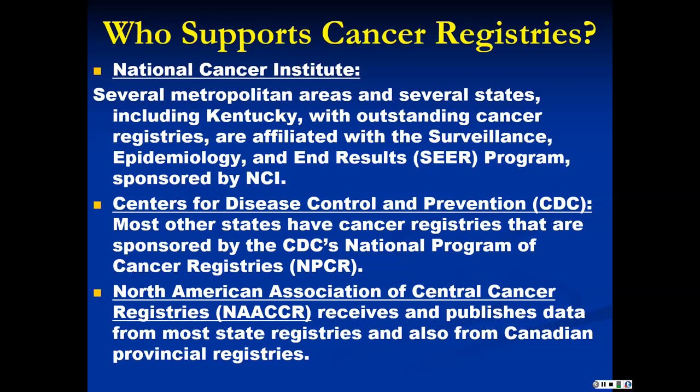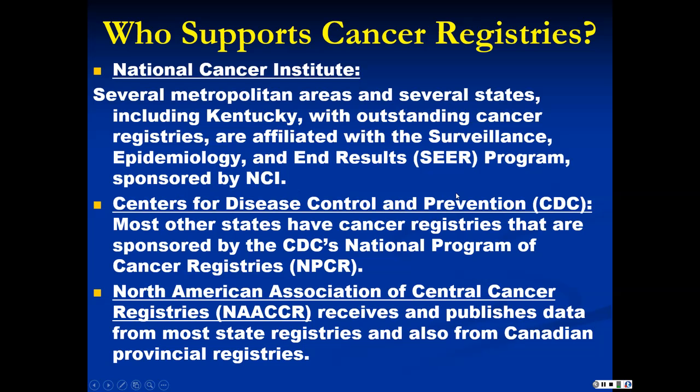So, as I said, the National Cancer Institute funds cancer registries in certain states like Kentucky, and also in several metropolitan areas like Atlanta and Detroit, for example, that have outstanding cancer registries, and these are affiliated with the Surveillance, Epidemiology, and End Results Program, or the SEER program of NCI.